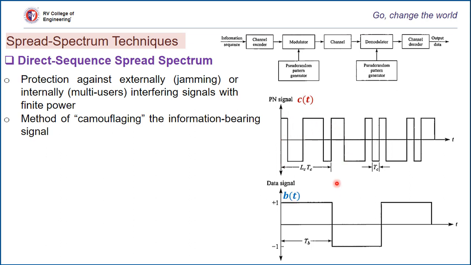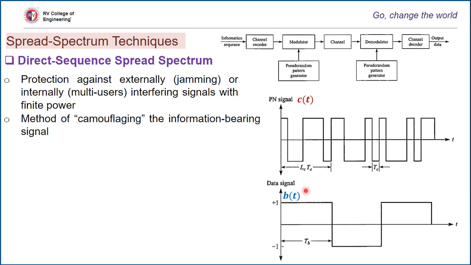The desired modulation is achieved by applying the data signal b(t) and the PN signal c(t) to a product modulator or a multiplier as shown here. We know from Fourier transform theory that multiplication of two signals in the time domain will generate a signal whose spectrum equals the convolution of the spectra of the two component signals.